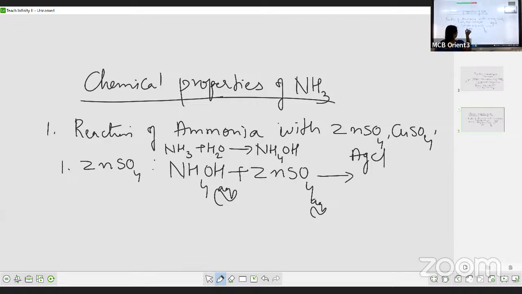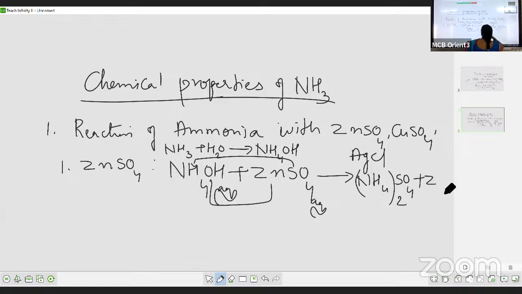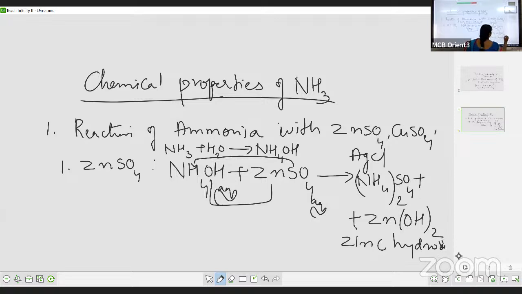What products will you get? Here, the OH ions get attached to the zinc, and the SO4 gets attached to the ammonium. So you'll get ammonium sulfate, (NH4)2SO4, plus Zn(OH)2. This is zinc hydroxide. It is a simple reaction, students. What you have to remember is simply the exchange of ions. The OH goes to zinc and the sulfate comes to ammonium.